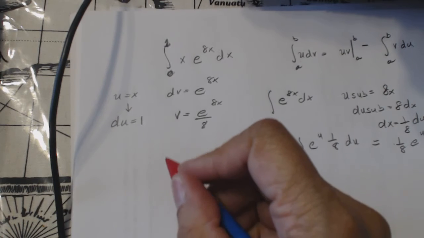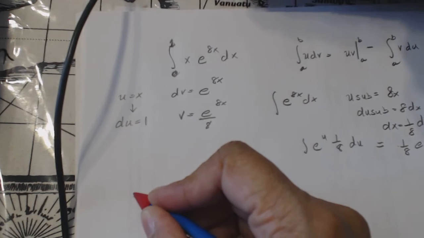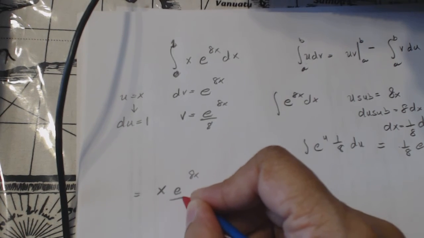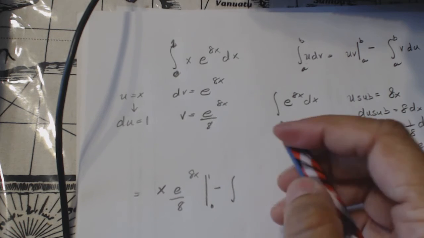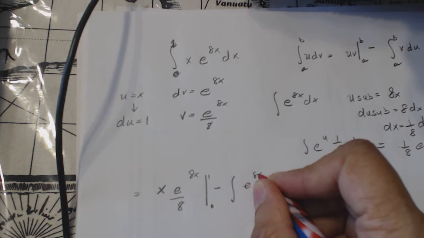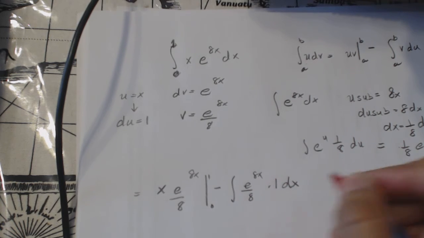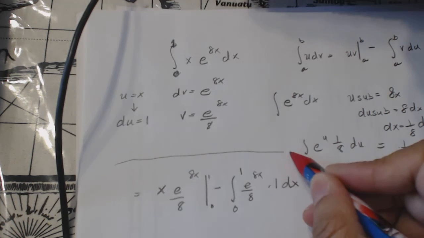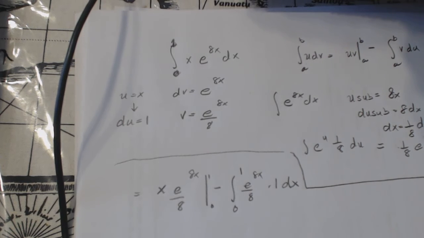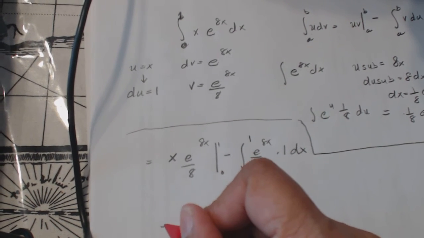Okay, so down here we have uv, evaluated from 0 to 1 minus the integral of v, which is e to the 8x over 8, du, which was 1, so from 0 to 1. Just to separate my work. But that, as you remember, I was doing several steps at once.